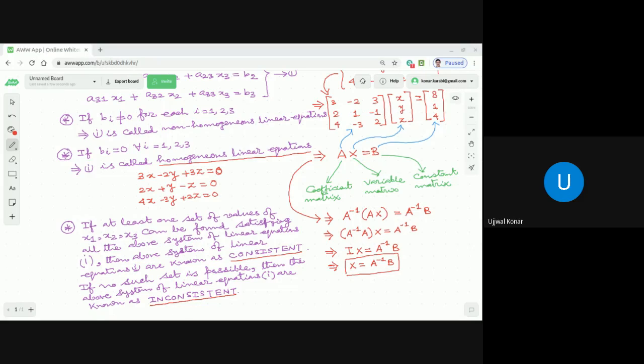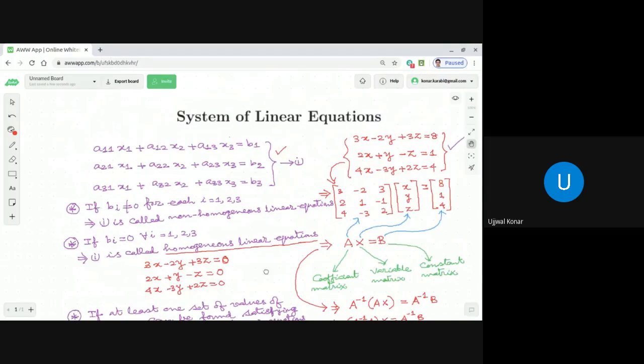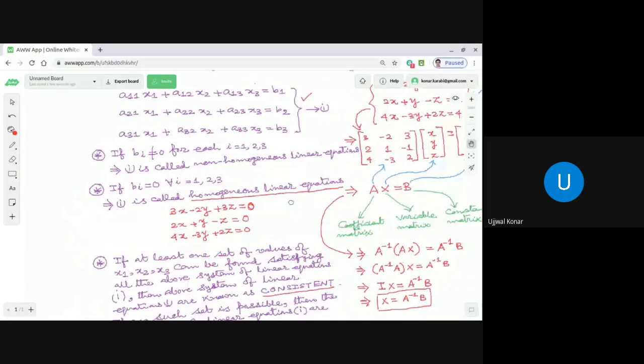So then, dear students, if you see this system of linear equations 1, we can express it something like this.